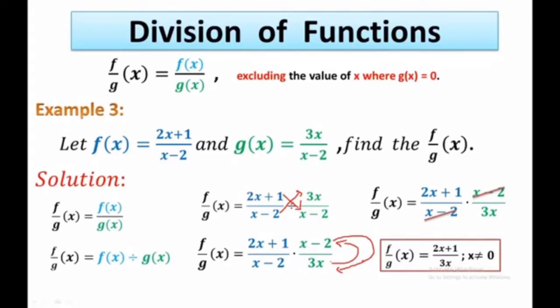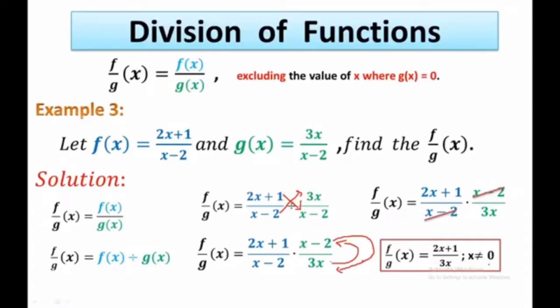Now, what value of x will make our denominator 0? If the value of x is equal to 0, that is 3 times 0, that will make our denominator equivalent to 0. So 0 is not included in our value of x. So x should not be equal to 0.